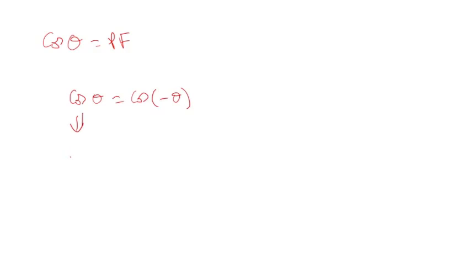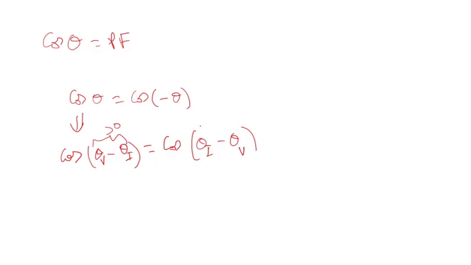So in other words, let's replace theta here with, for lagging power factor, I have theta V minus theta I. For leading power factor, I have theta I minus theta V. So this angle here is positive for lagging, this angle here is positive for leading, but in this case, theta V minus theta I, in this case, it's theta I minus theta V. So you see, cosine doesn't care about the sign.